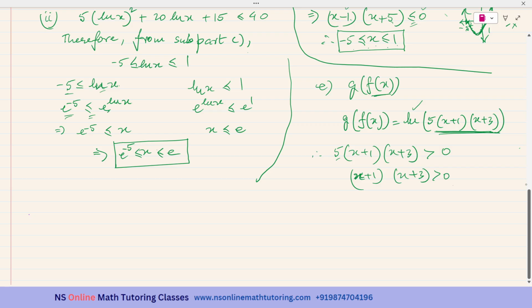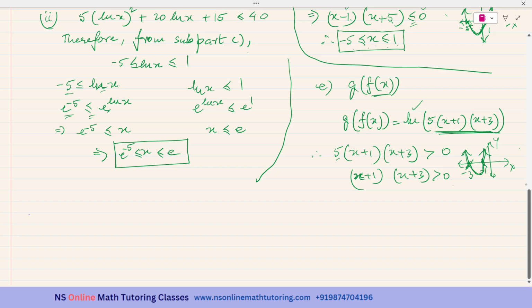This is the root form. So you will be having the parabola this way. This is minus 1 and this is maybe minus 3, and you will be having this way parabola. So for which values of x are you having the function expression more than 0, above the x-axis? It is for x values less than negative 3 or x values more than negative 1.